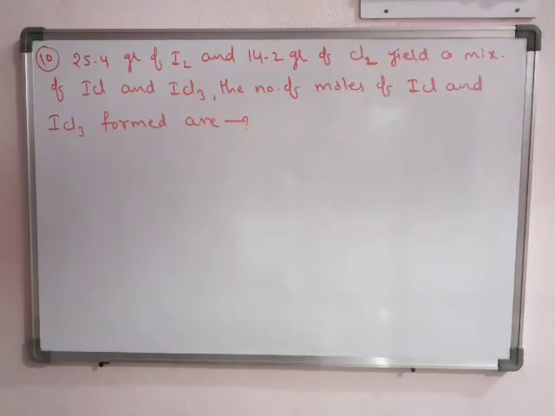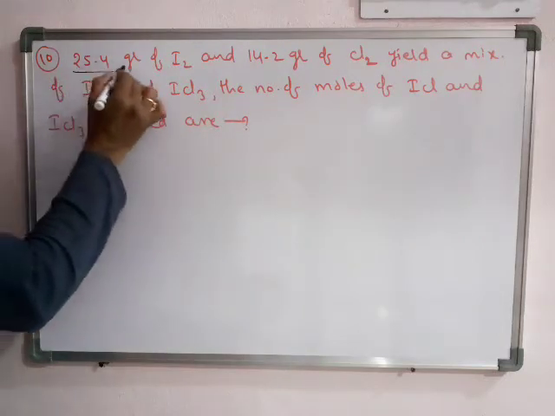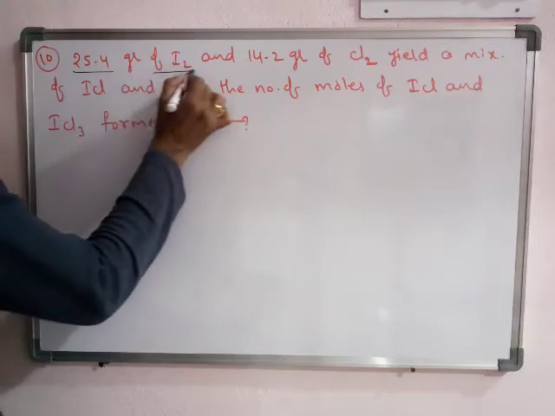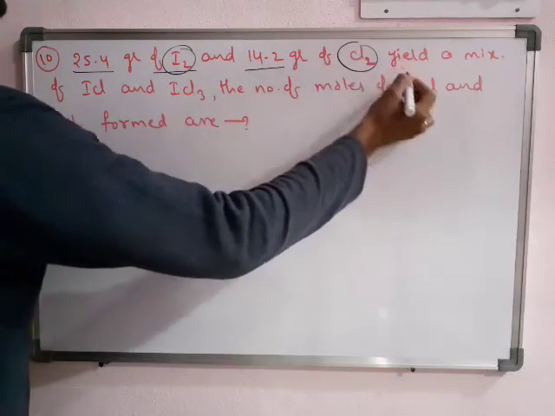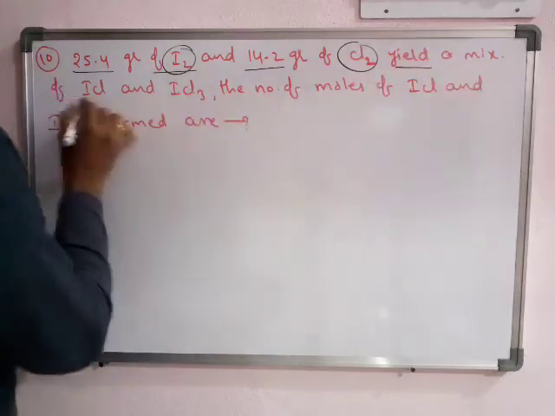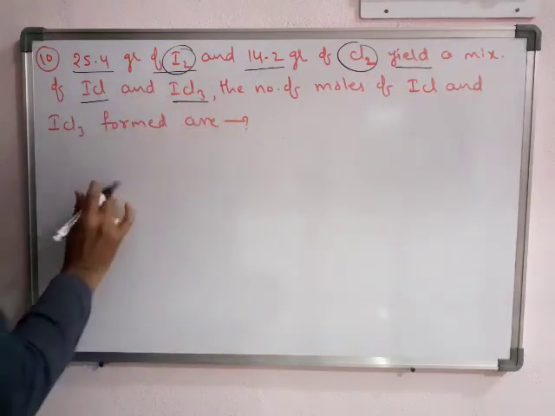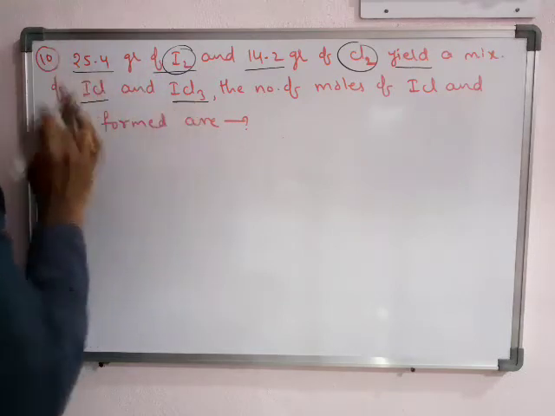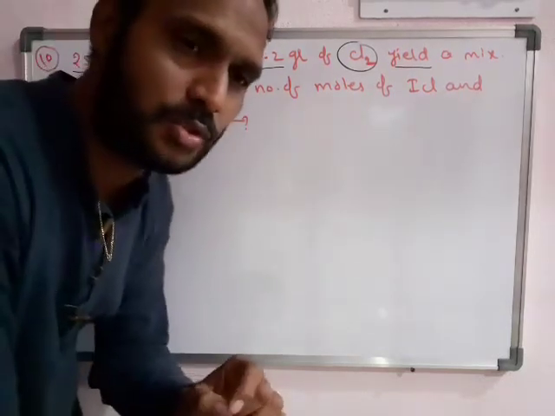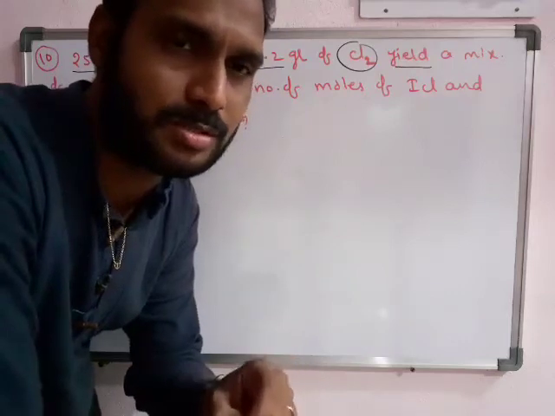Let's see question number 10. Here it is given 25.4 grams of iodine and 14.2 grams of chlorine yield a mixture of ICl and ICl3. In these compounds only halogens are present.